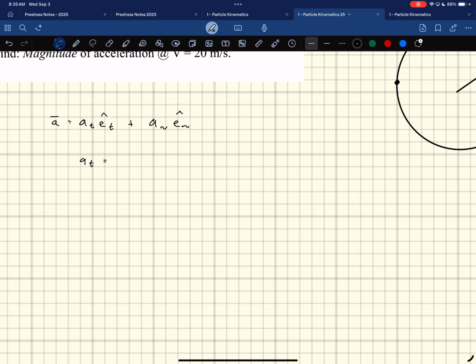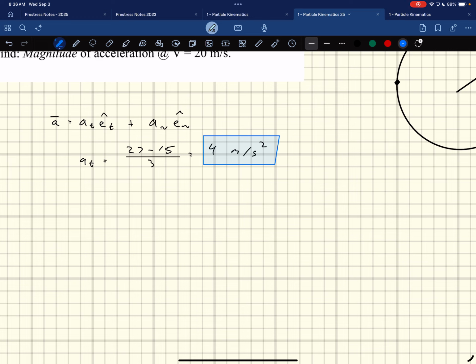It's going from 15 to 27 in 3 seconds, so I can figure out the change in speed. That's 27 minus 15 divided by 3, which equals 4 meters per second squared. So that is what my AT is. That's just part of it.